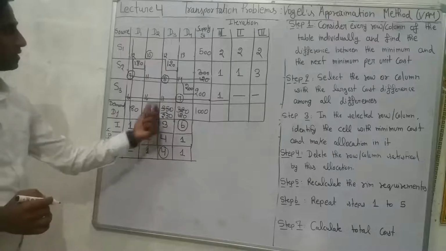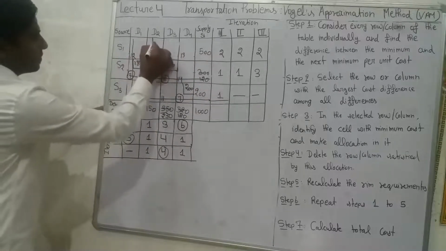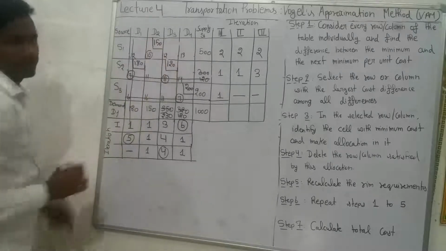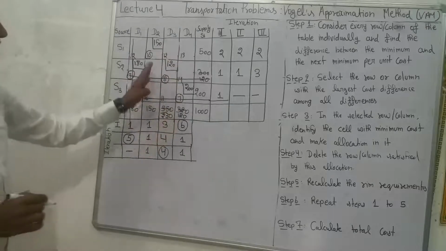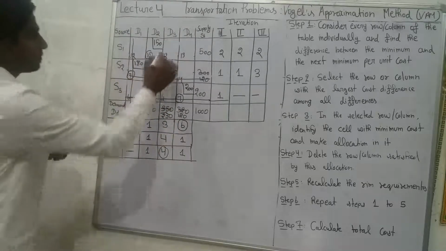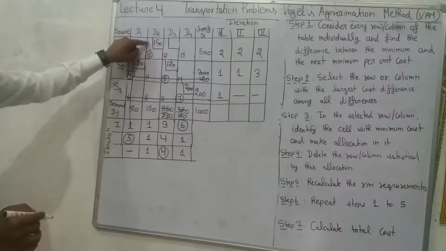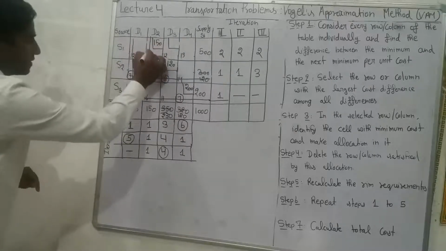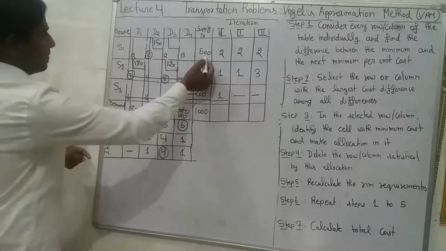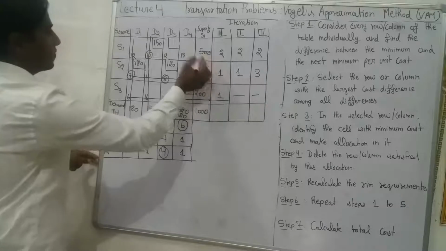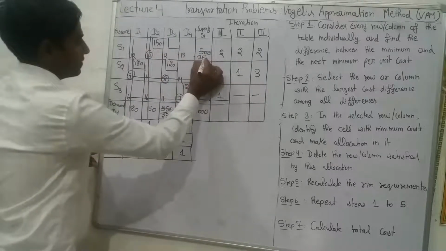Demand is 150 units and supply is 500 units. So allocate the lower value, that is 150 units. The demand of this destination is complete, so we delete this column as well. The supply available with source 1, after allocating 150 units, is 350 units.